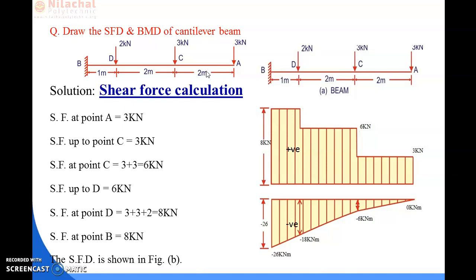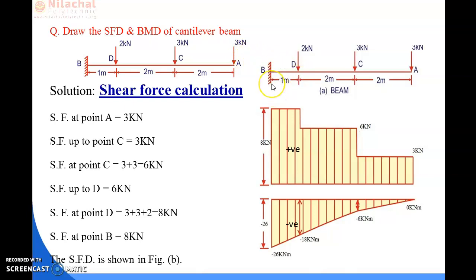So let's see the calculation part. In the solution for this problem, we need to first draw the beam section with the loading.